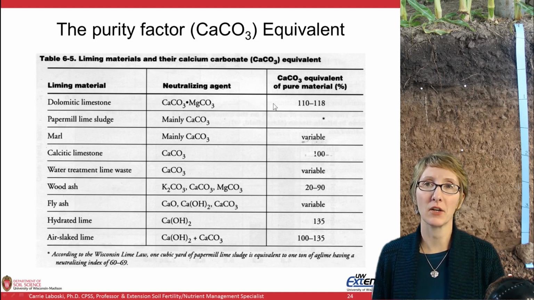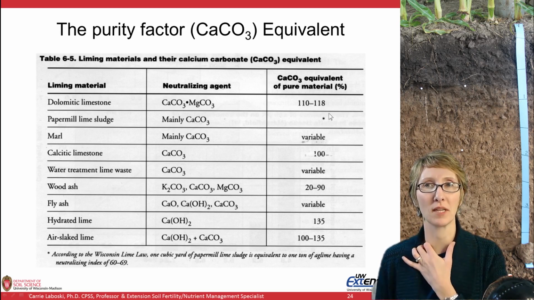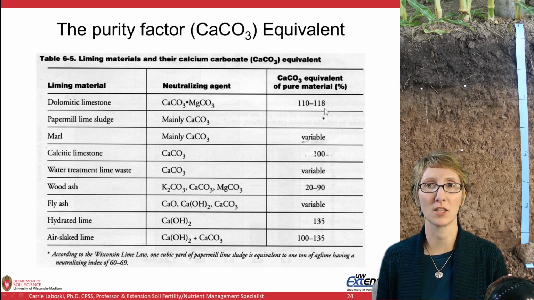And here on the right, we have the calcium carbonate equivalent of the pure material. So we look at calcitic limestone, and that is considered 100%. That's where the 100% area is set at. You can see that dolomitic lime is actually somewhat more effective than calcitic lime because it has a higher calcium carbonate equivalent than calcitic lime.